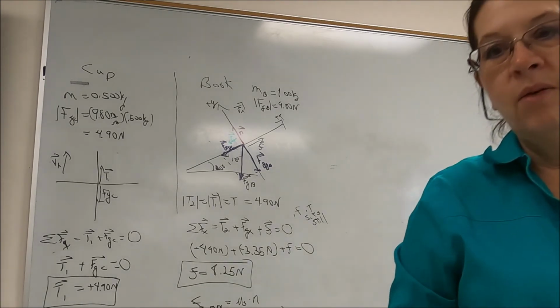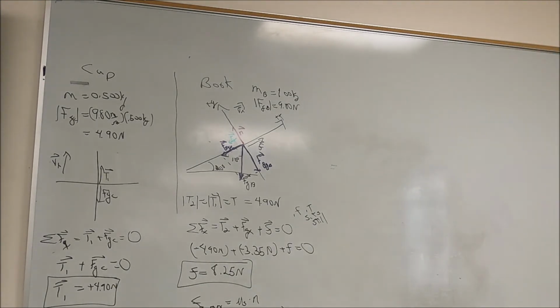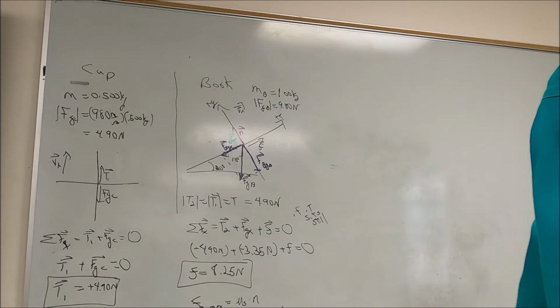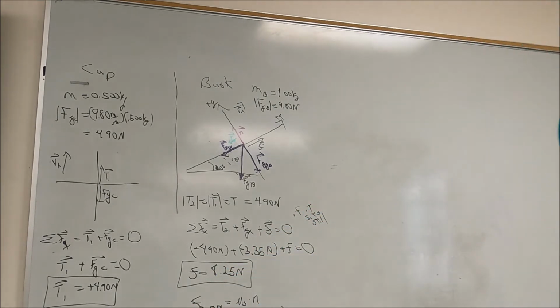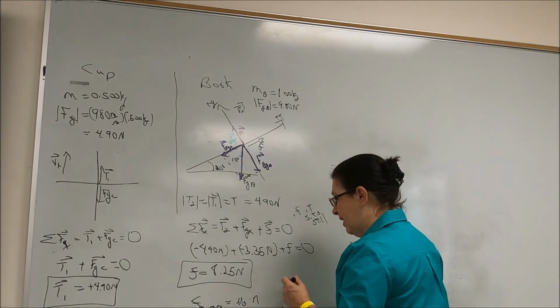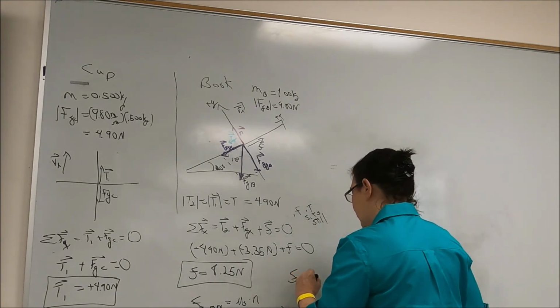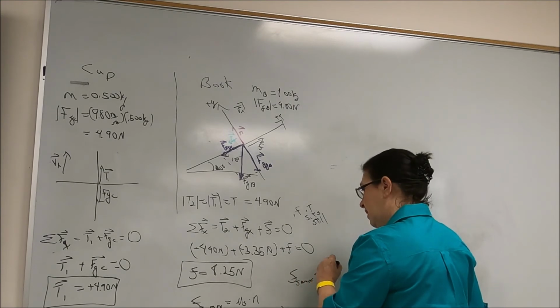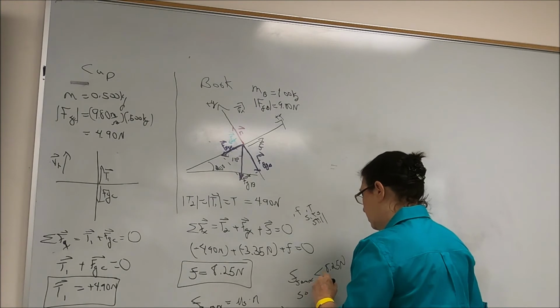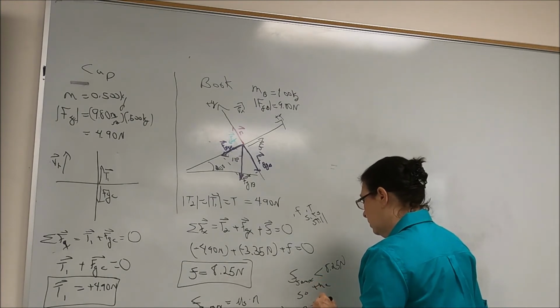That's the actual frictional force I can apply maximum. Okay? If I look at this, the F sub s max is less than 8.25 newtons. So the book slides down.